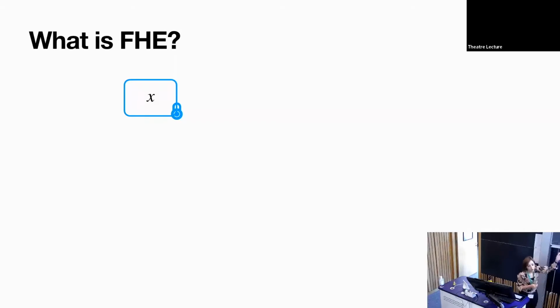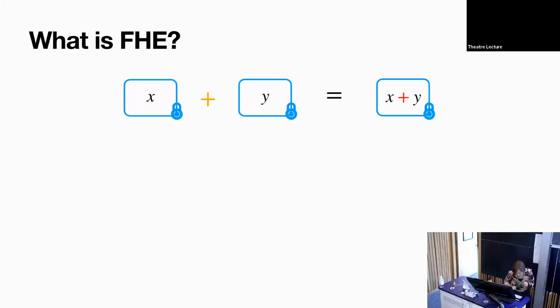And the message is the thing inside, in this case, X. When you want to encrypt, you put stuff in the box. When you want to decrypt, you take them out from the box. Very mathematical, precise.